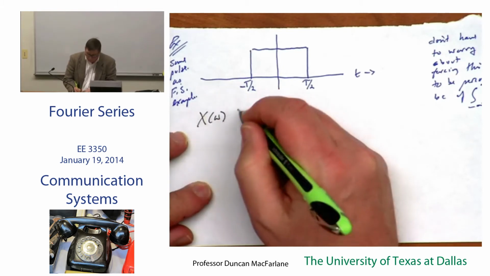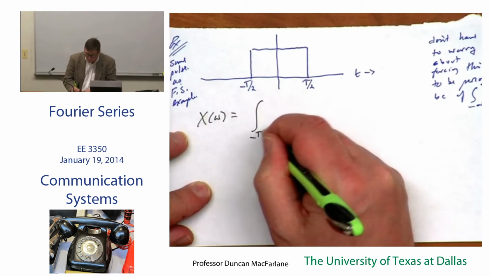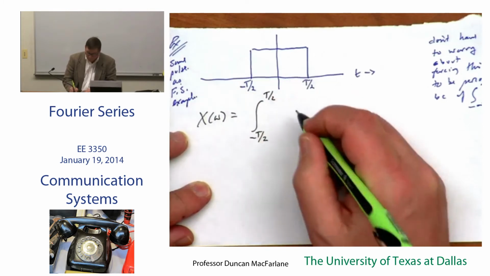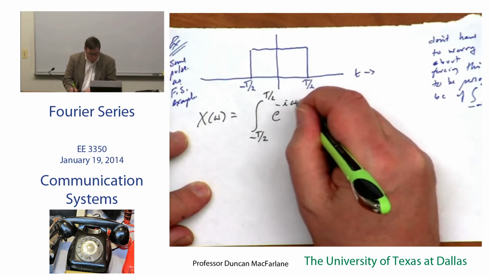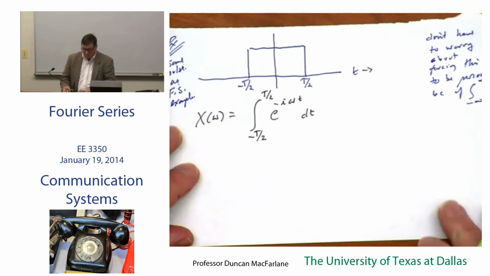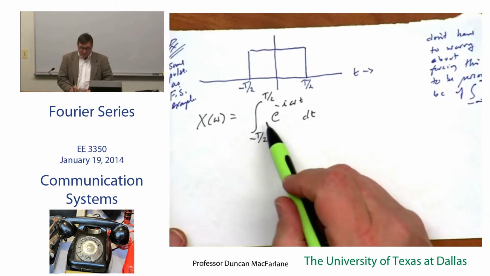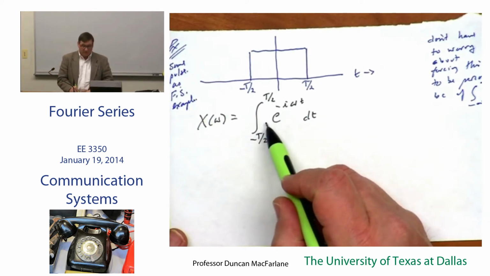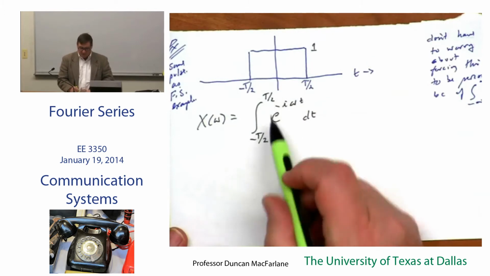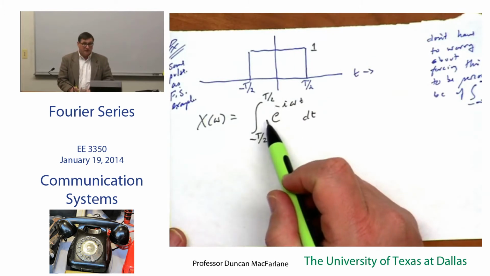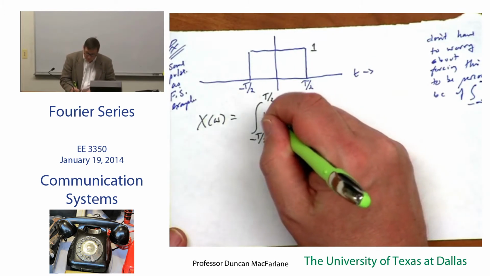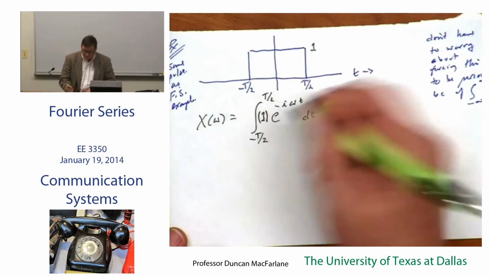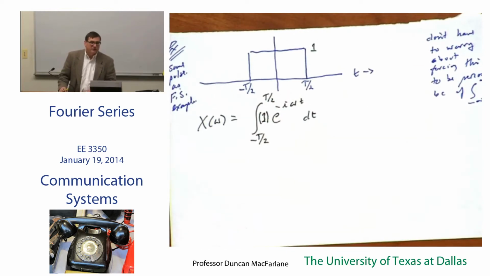X of omega. The height of the pulse is 1, so the function is 1. I don't know if it's more or less confusing if I put that 1 in there.